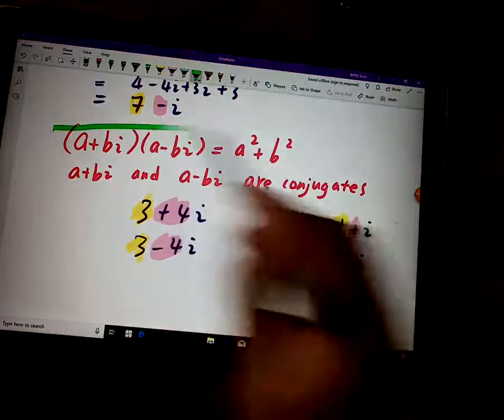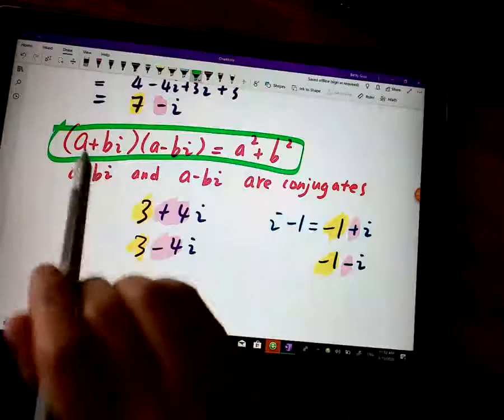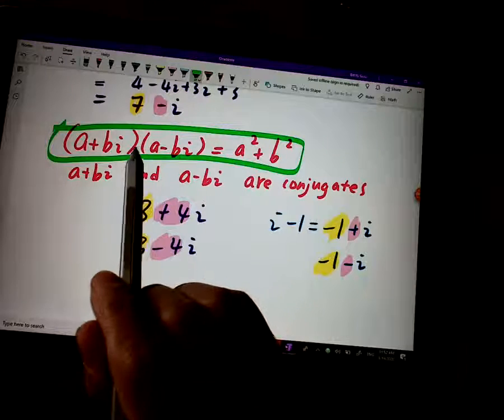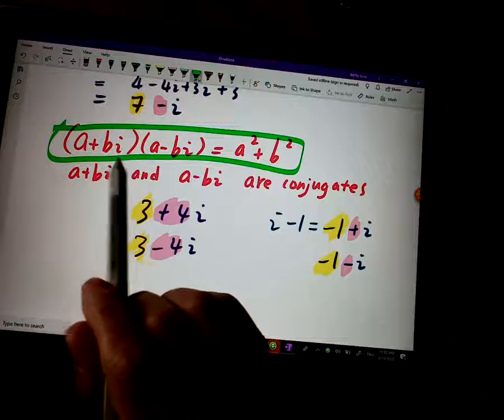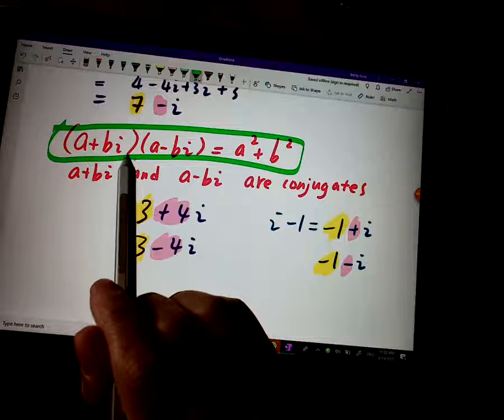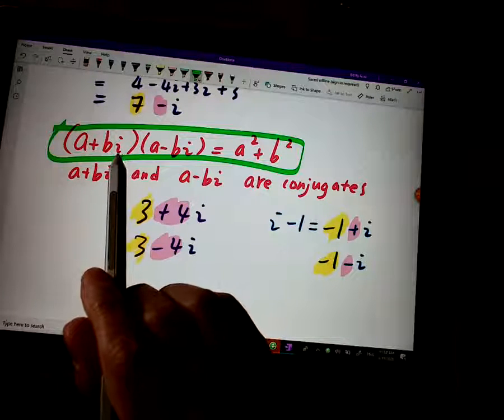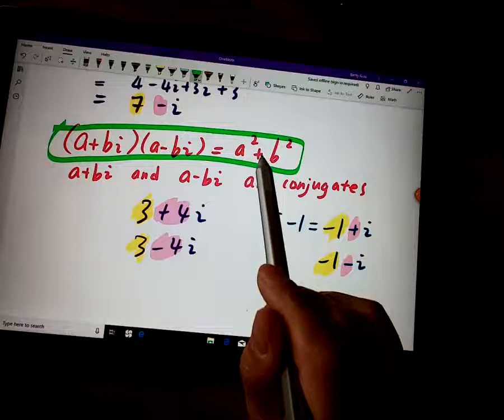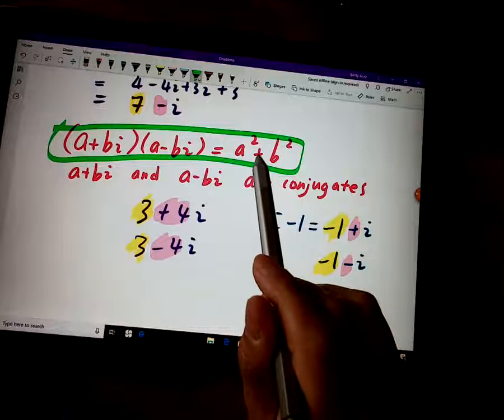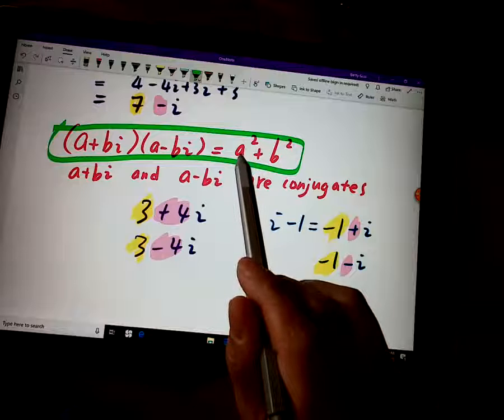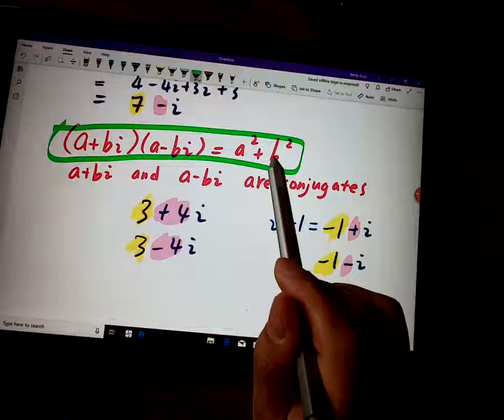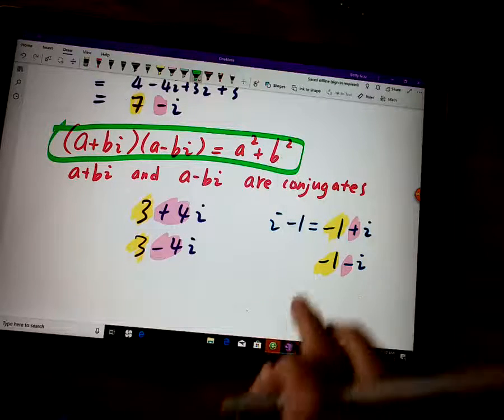As I said, a plus bi, a minus bi, they are conjugates, right? I'm going to prove to you that the product of two complex numbers, if they are conjugates of each other, is a real number. That real number is the sum of the square of the real part and the square of the imaginary part.